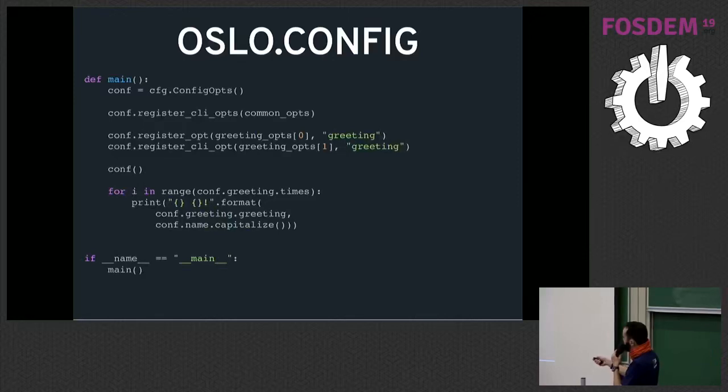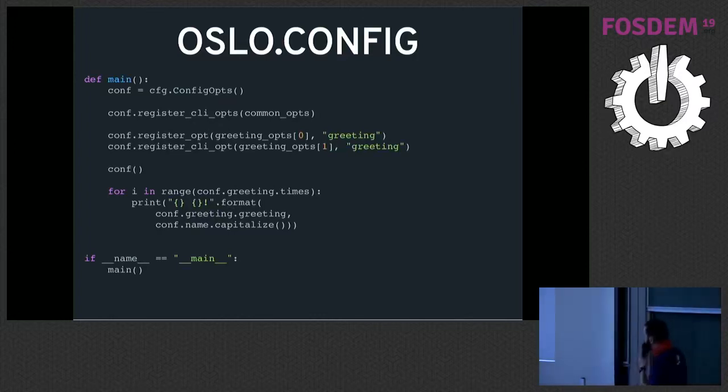I'm registering them differently, but I could just pass the whole list with register_opts, with an s at the end. The difference is that this one I'm exposing to the command line, and this one can only be fed by environment variables and the configuration file. So this one will not be exposed as a command line option.